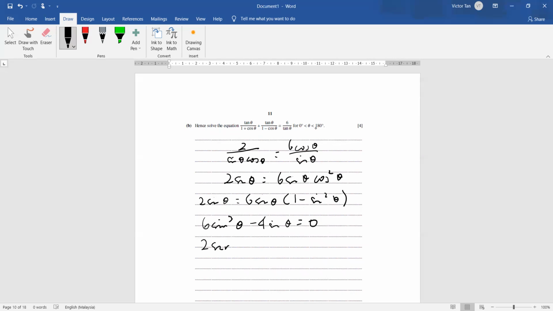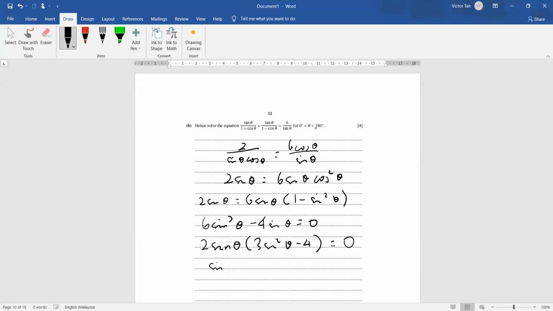Factorizing, you get 2 sine theta. Actually, you don't need to. Never mind, since I've done it. 3 sine square theta minus 4 equals 0.